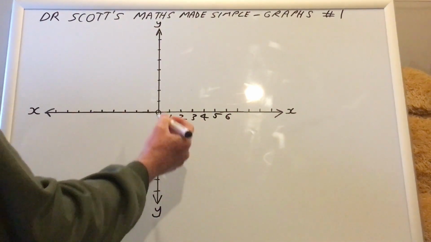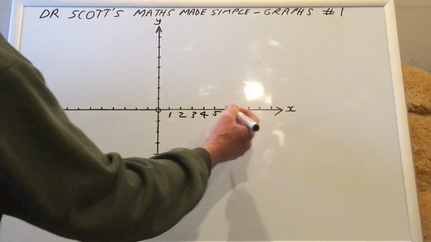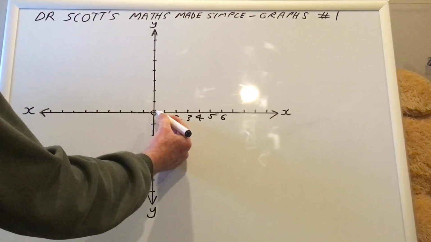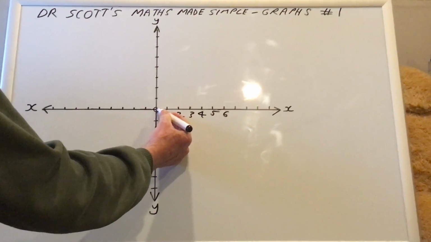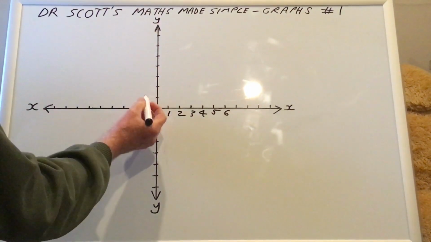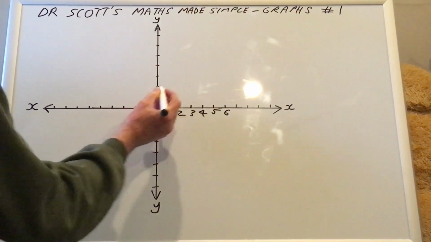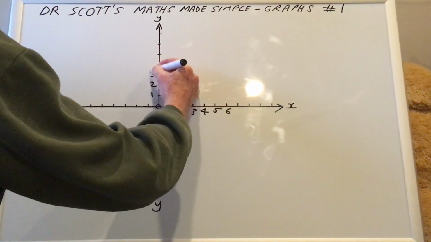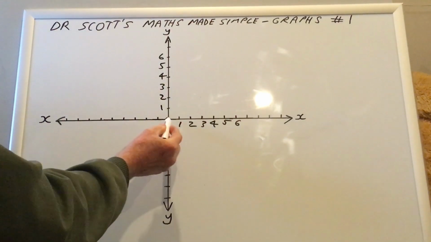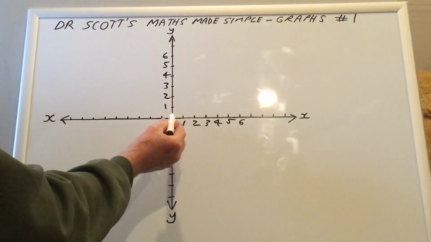You get the idea along there on the X axis. They're positive numbers. So what would this be? This is 0, where X equals 0. Y goes up like that, so Y would be 1, 2, 3, 4, 5, 6, etc. But again, Y is 0 here.